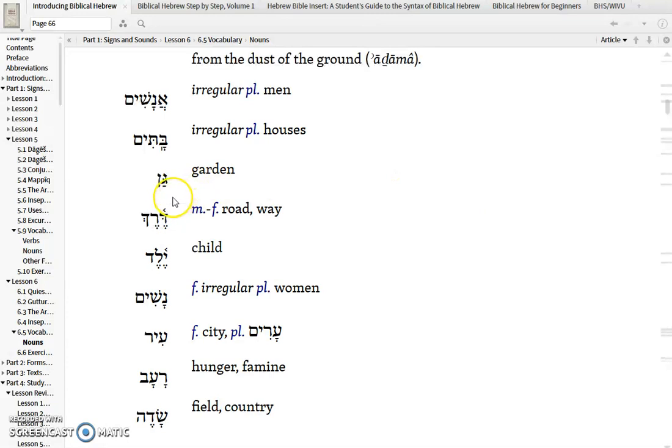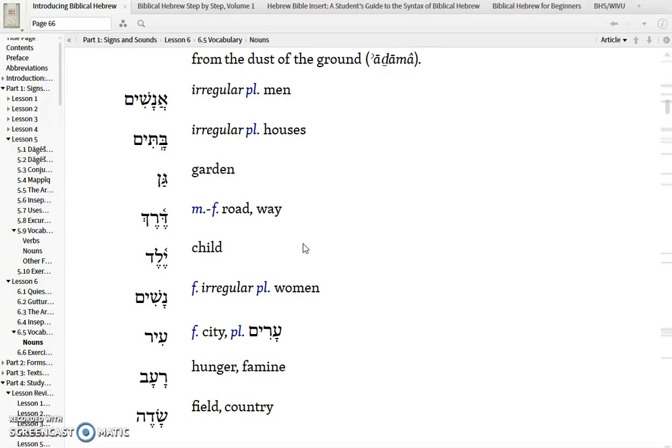And so, again, since it's irregular, he just gives you that as a vocabulary item separately. And then the other words: gan, garden; derekh, road or way. And it's a little bit of an odd word. It seems to have gender identity issues. Sometimes it's treated as a masculine noun, sometimes as a feminine noun, and it can't make up its mind whether it's masculine or feminine.